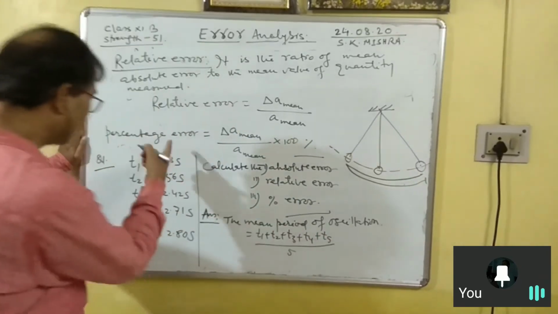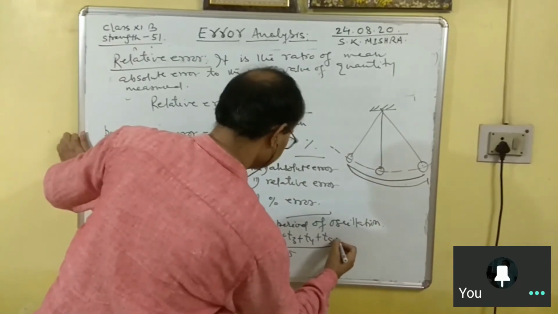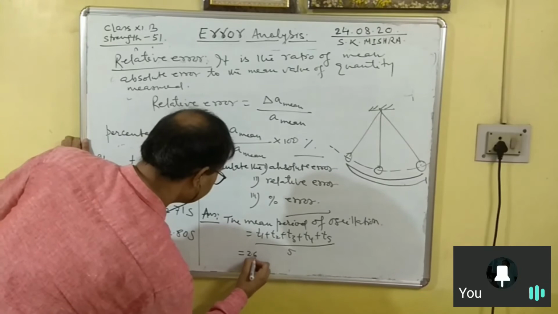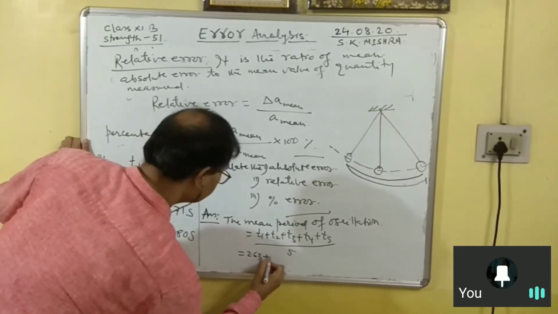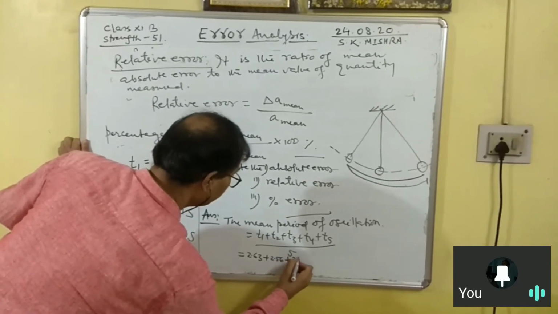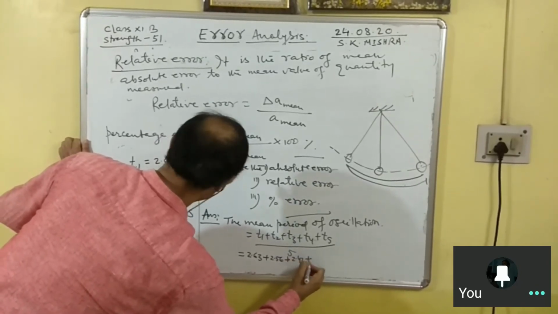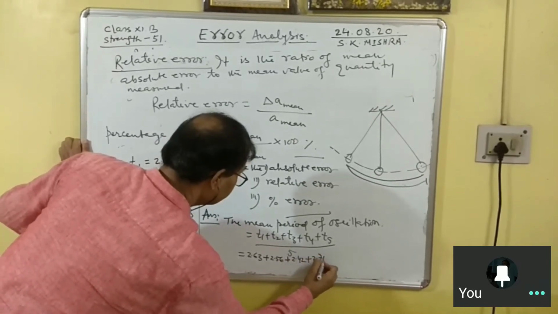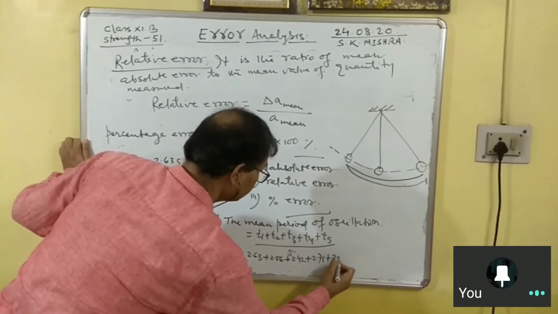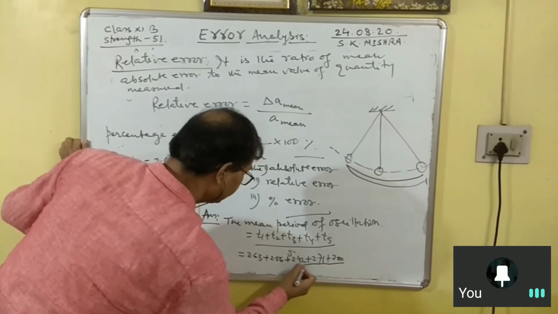You just add all these. So should I write here 2.63 plus 2.56 plus 2.42 plus 2.71, just add all these 5, plus 2.80 divided by 5.